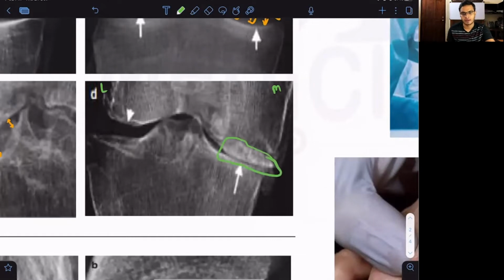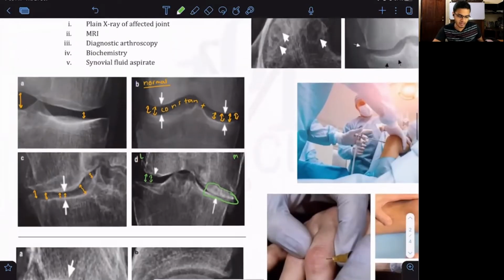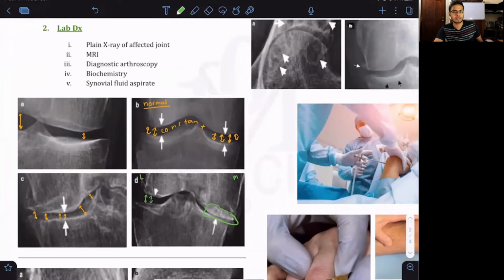Look at that. The joint space is completely gone. On the lateral aspect, it's a little bit better, but still there is joint space narrowing, and on the medial side, complete narrowing. Okay, this is one of the first things I want you all to look for when you're looking at a joint X-ray, right? The joint space.